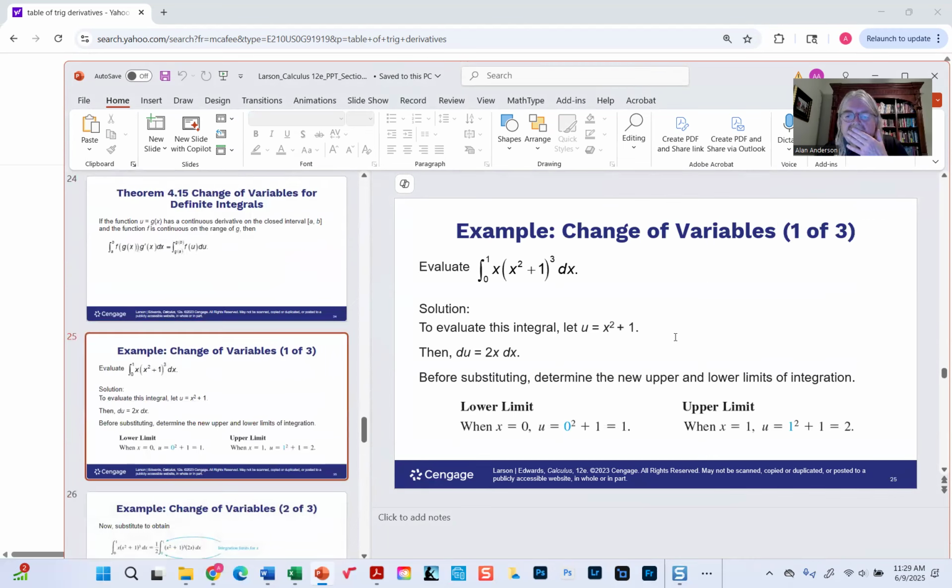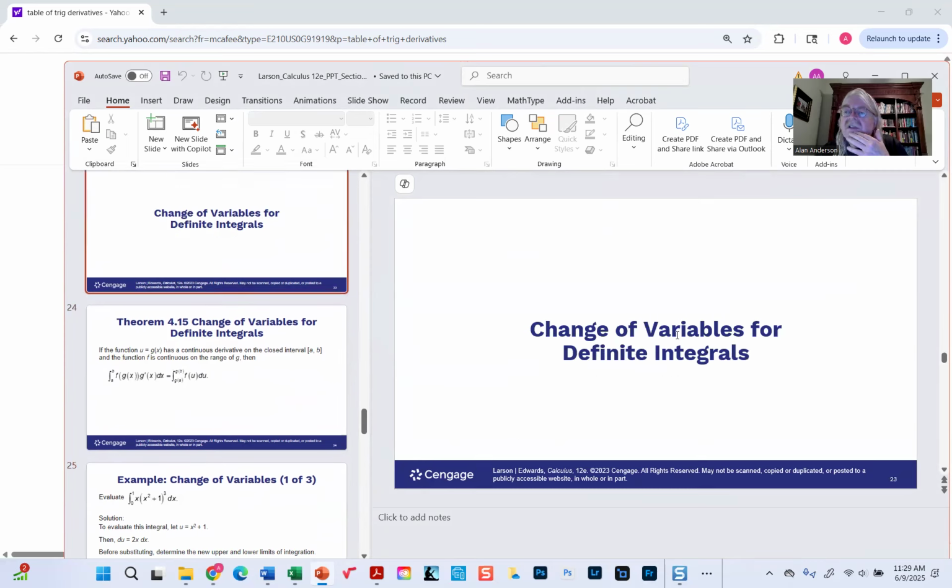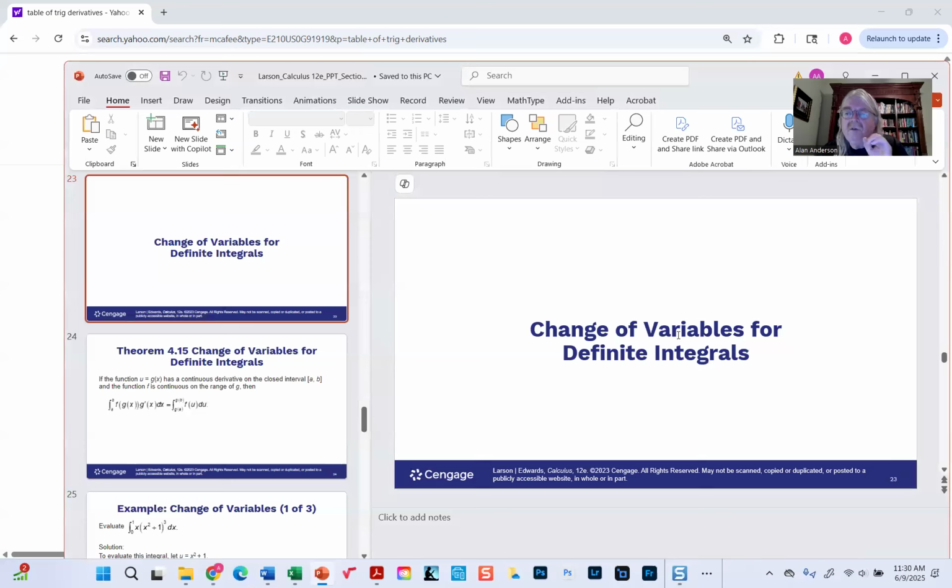Change of variables. See, now it's getting a little bit more involved. So we'll save this for the next time. Right now, though, we're in pretty good shape.